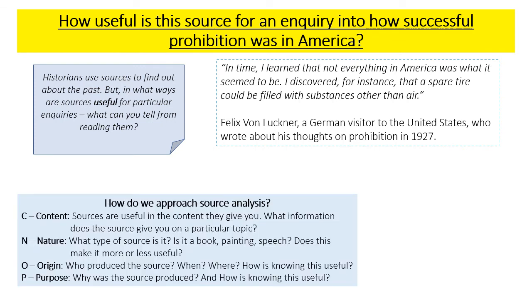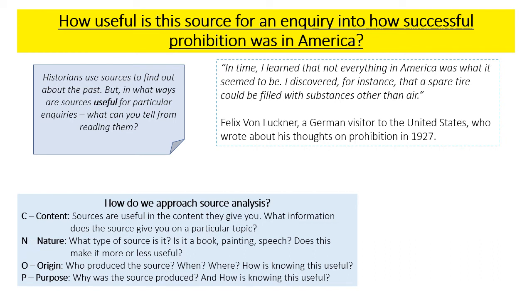So you'd have to think about what that might mean. So we always start with source analysis by looking at the content. So what is it you've just read and what does that tell you? So from my initial thoughts reading that, it says that not everything in America is as it seemed to be. That suggests that actually not everyone in America is following prohibition. And then he goes on to explain that a spare tire could be filled with substances other than air.